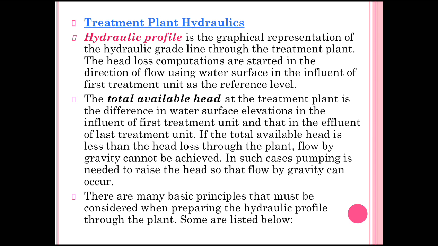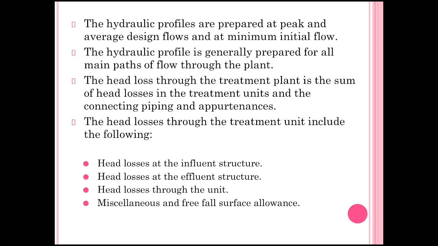Generally, there are many basic principles that must be considered when preparing the hydraulic profile through the plant. First, hydraulic profiles are prepared at the peak and average design flow and at minimum initial flow.